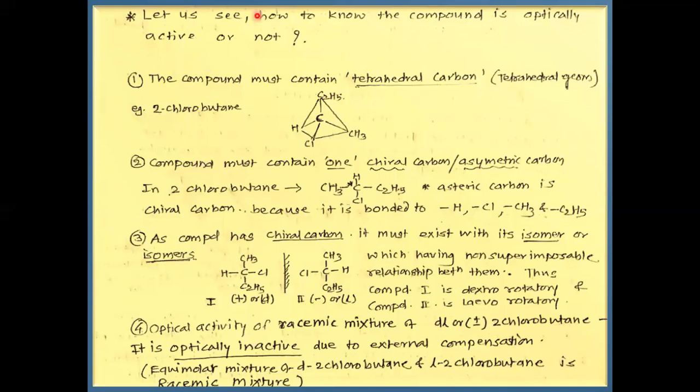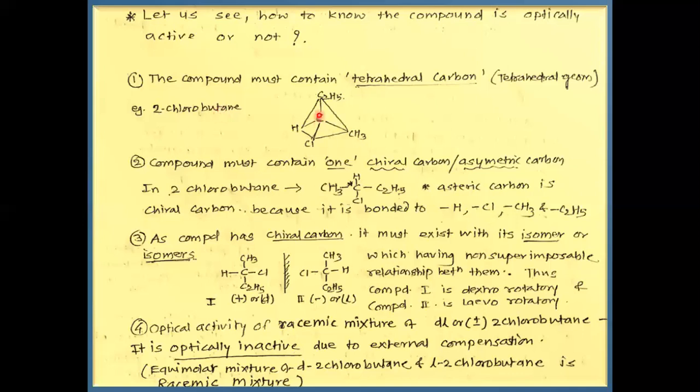Now let us see how to know whether a compound is optically active or not. To discuss the optical activity of a compound, the following points must be considered. First point, the compound must contain a tetrahedral carbon having tetrahedral geometry, and the example is 2-chlorobutane.